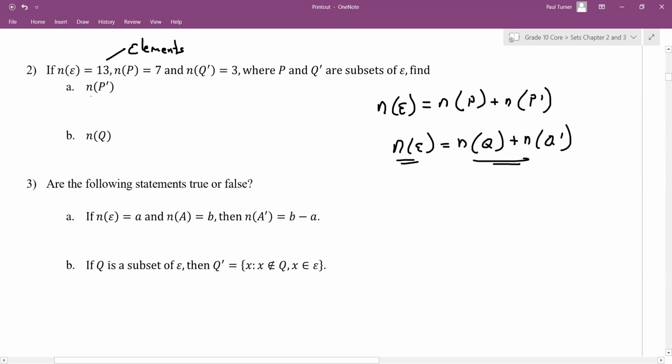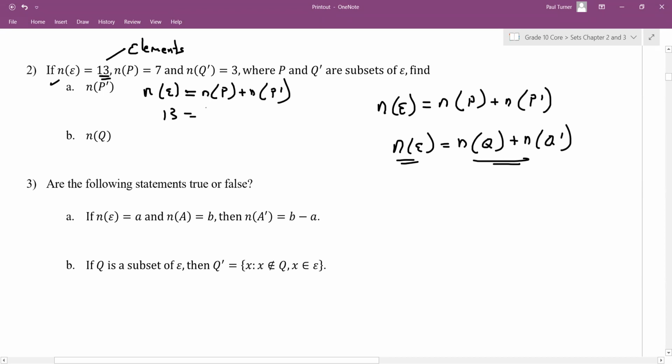So in this case, I'll do the first one for you, then you can try these other ones. So what is the number in the universe? It is 13. So let's write your formula. The number in the universe equals the number in P plus the number not in P, like that. The number in the universe is 13, so we write 13 here.